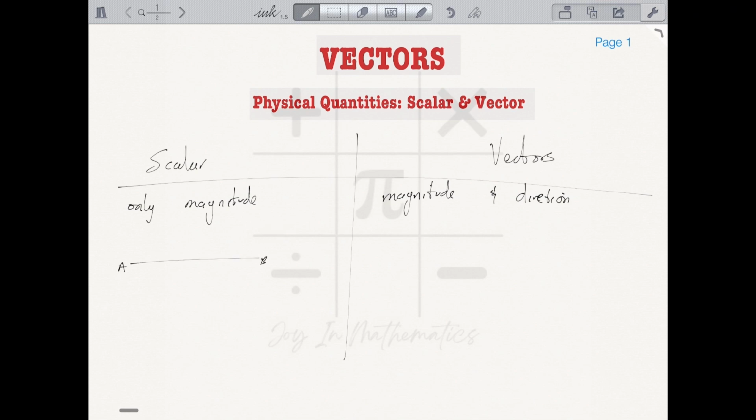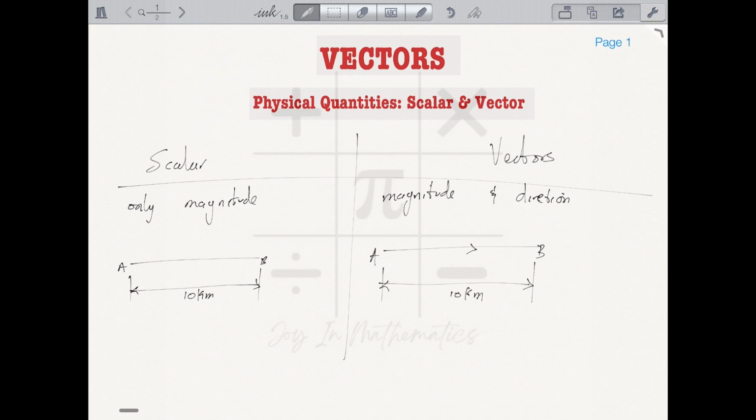Now, take for instance, we have a line AB. If we are given that the line AB is of length 10 kilometers, this has only a magnitude of length. The vectors, however, will have a direction that the line is moving from A to B, so we will have it that A is moving towards B with a length of 10 kilometers.